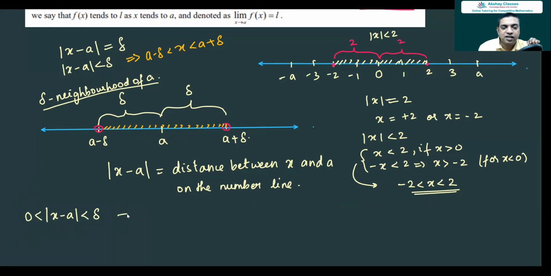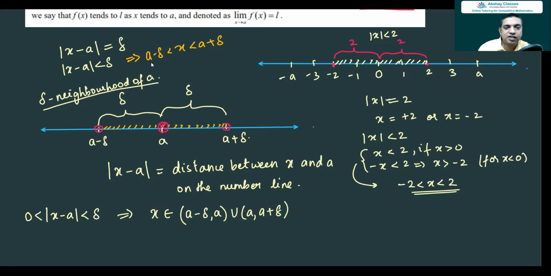So this implies x takes all values except A. So you get A minus delta to A union A to A plus delta.